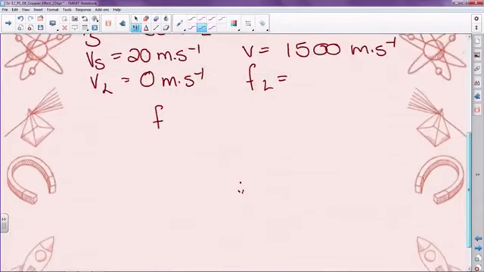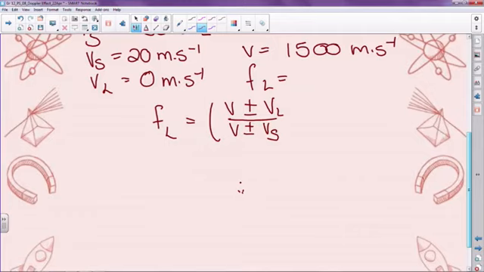So observed frequency is the speed of sound plus or minus the observer or listener's velocity, divided by the speed of sound plus or minus the source's velocity, times the frequency of the source. Now we want the listener's frequency, so that's what I'm going to work out.